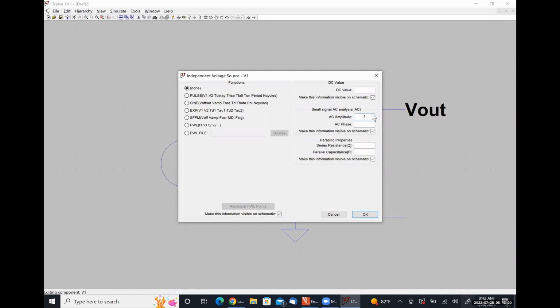So what that means is that our input signal will always have a value of 1 volt, regardless of what the frequency is. Okay. The reason I'm doing this is because our transfer function is V out over V in. If V in is always 1, if we plot V out, then we effectively have our frequency response that we're looking for.